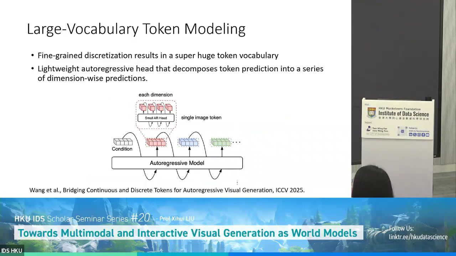But one problem arising from this quantization is that we have to deal with a very large vocabulary for autoregressive modeling. To tackle this, we design a lightweight autoregressive head to predict the tokens channel by channel in order to decompose a large vocabulary into small vocabularies that cross-entropy loss can model.